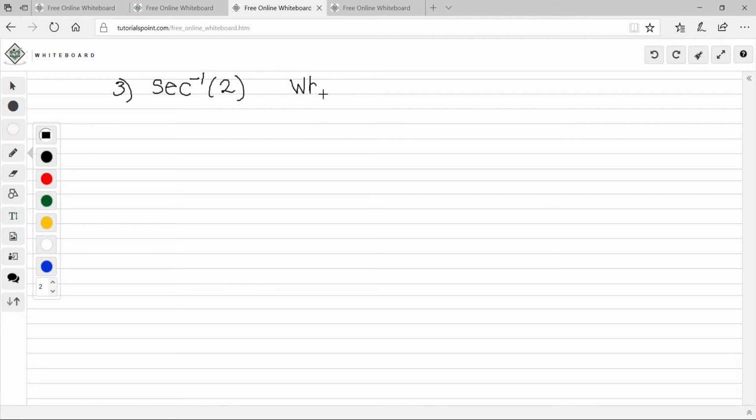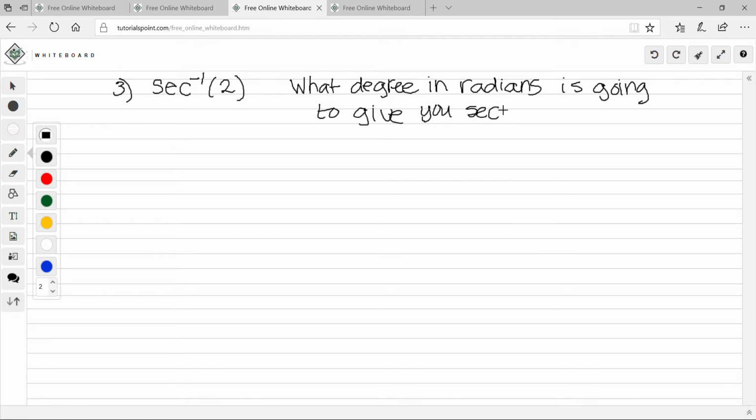They're saying what degree in radians is going to give you secant equals +2, where alpha is in, so this is our boundaries, from 0 to pi halves union pi halves to pi. I got these boundaries from the secant inverse graph because this is our range.